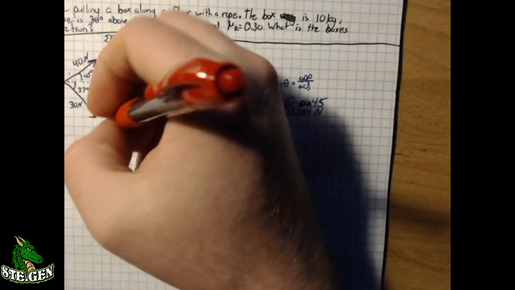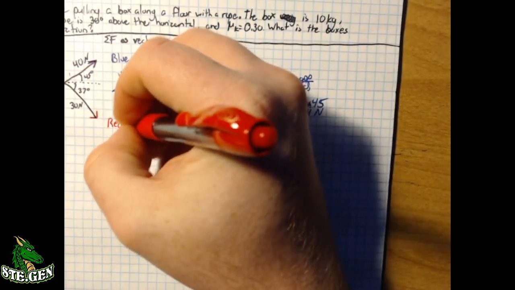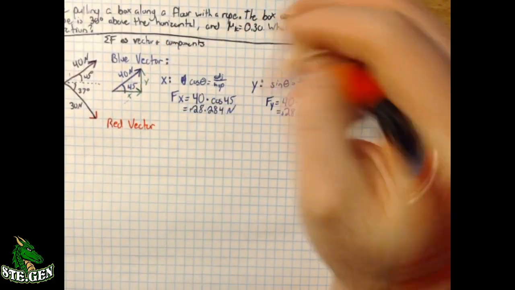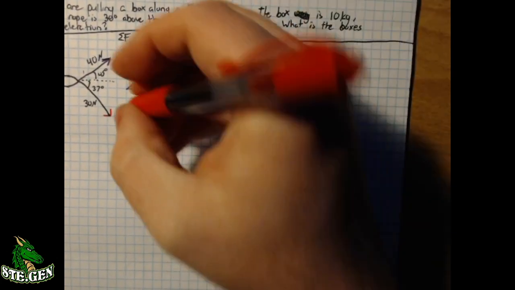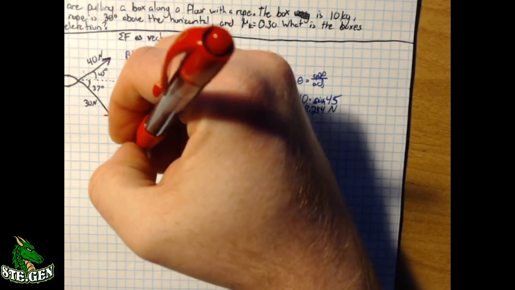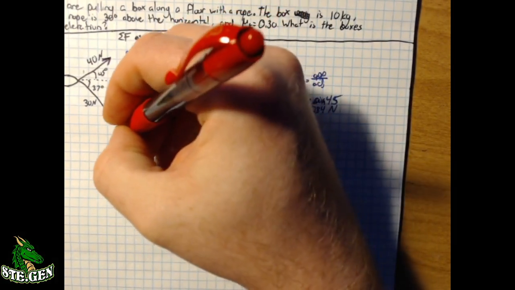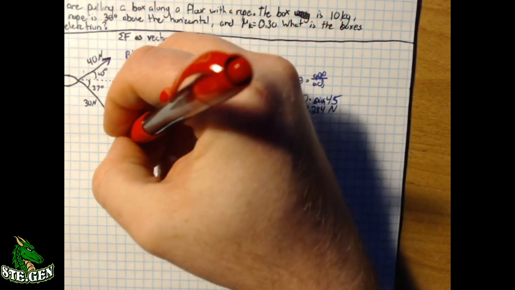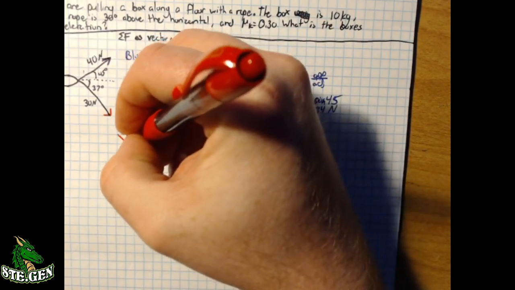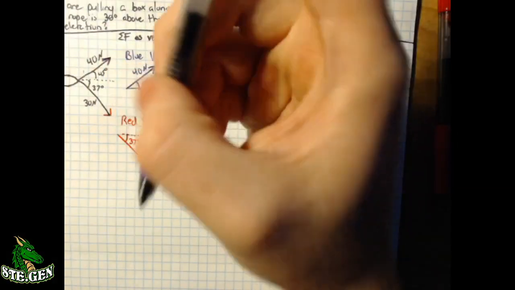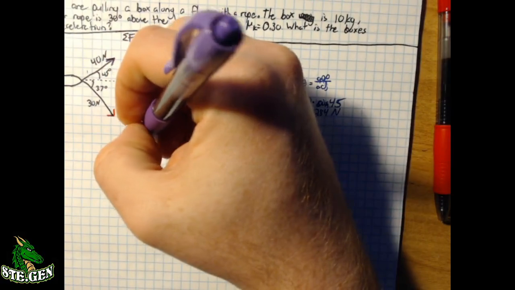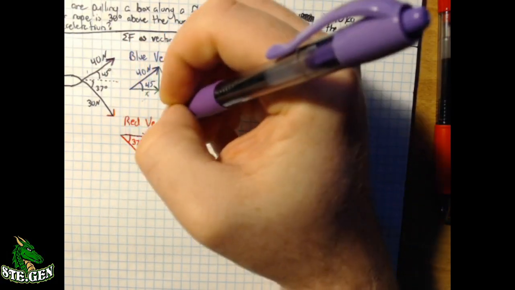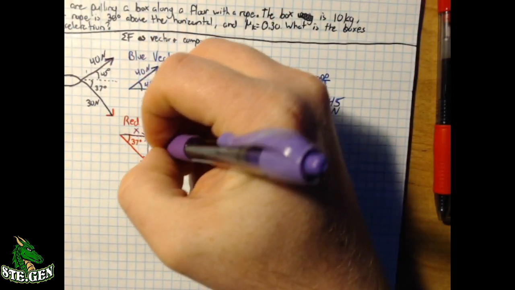Okay, now we're going to do the red vector. Sounds much more ominous for some reason. This one is not a 45-45-90 triangle. I'm going to use purple as my components for this one, just to map those out. This will be my x, this will be my y.